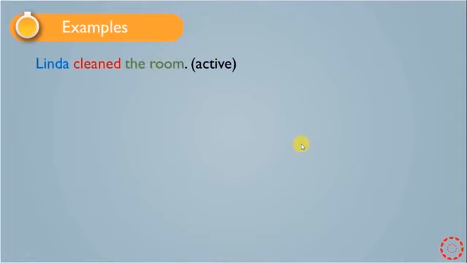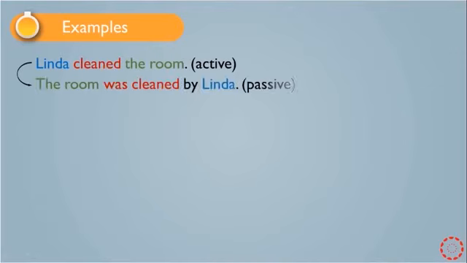Look at these examples. This is active voice. Linda cleaned the room. How do you know this is past? Because we have cleaned here and it takes ed. This is past simple. How can we change this sentence from past simple active to passive?